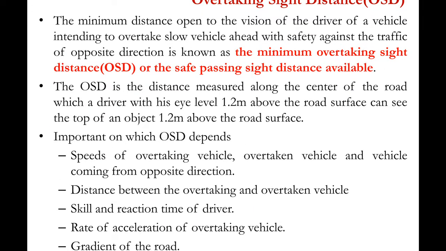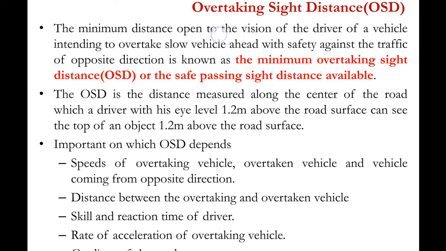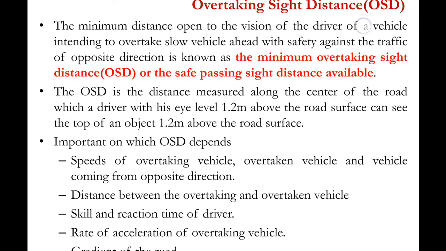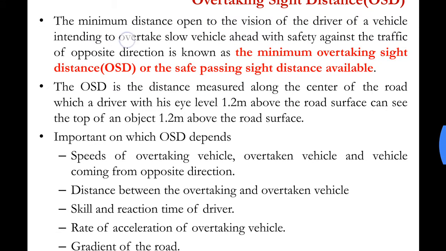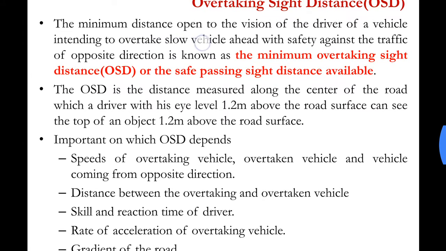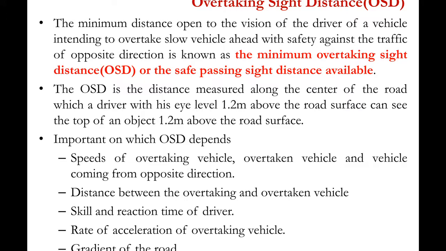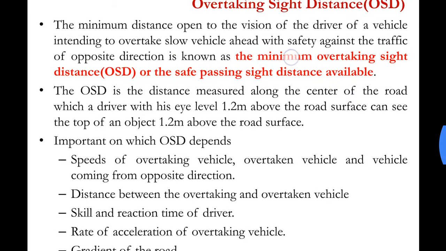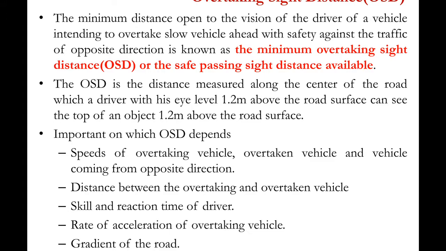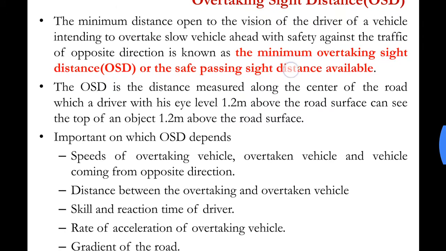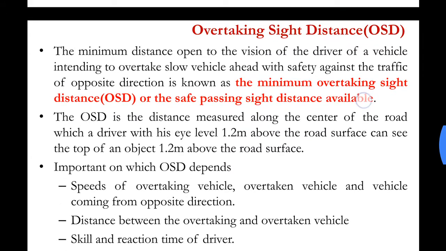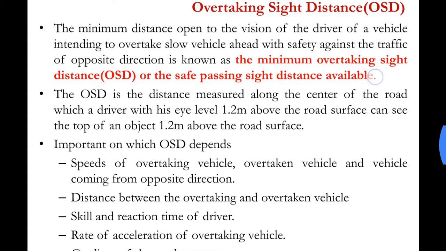The minimum distance open to the vision of the driver of a vehicle intending to overtake a slow vehicle ahead with safety against the traffic of the opposite direction is known as minimum overtaking sight distance or safe passing sight distance. Okay, so what is this overtaking sight distance?